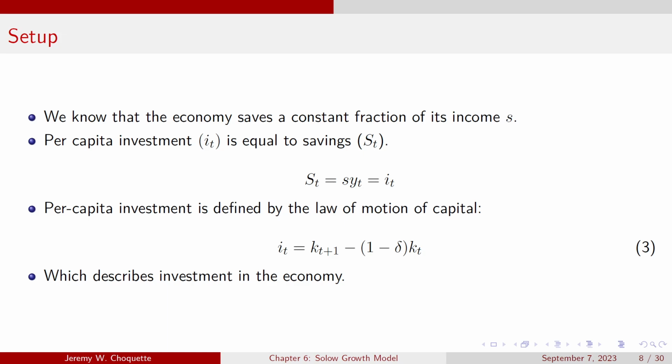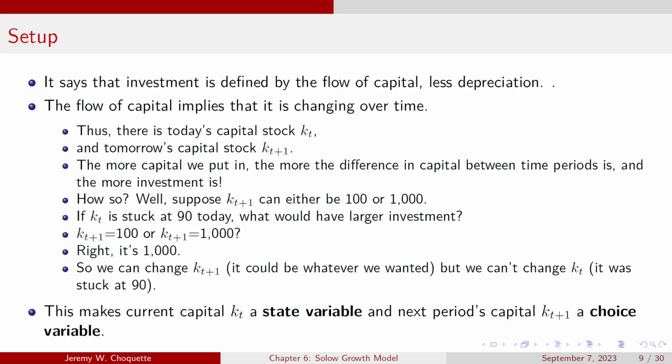So equation 3 describes the flow of investment in the economy. And it says investment is defined by the flow of capital less depreciation. And the flow of capital is obviously implying that it changes over time. There's today's capital stock, k_t, tomorrow's capital stock, k_{t+1}, and the more capital we put in, the more the difference in capital between time periods is, and the more investment is. Why is that?